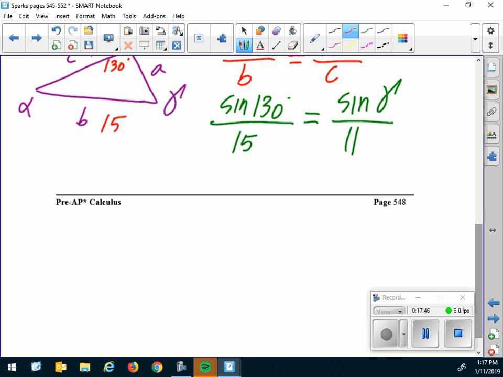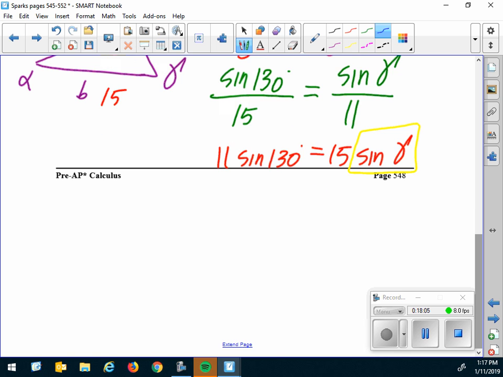Cross multiply gives me 11 sine 130, and put the degree measure when you're dealing with degrees, equals 15 sine gamma. How do I get this sine gamma by itself? There you go. So I'm going to have sine gamma equals 11 sine of 130 degrees divided by 15. That's the exact answer for the sine of gamma.